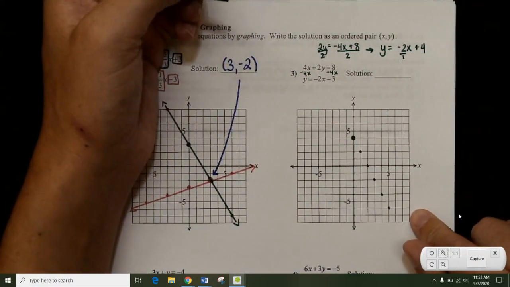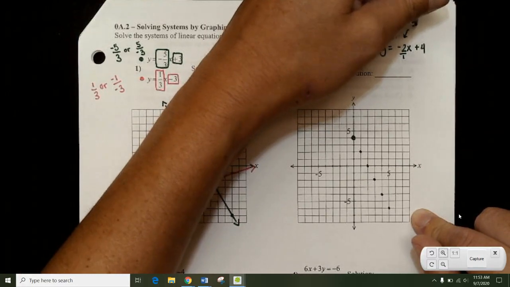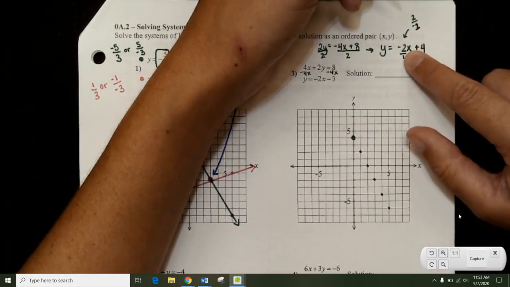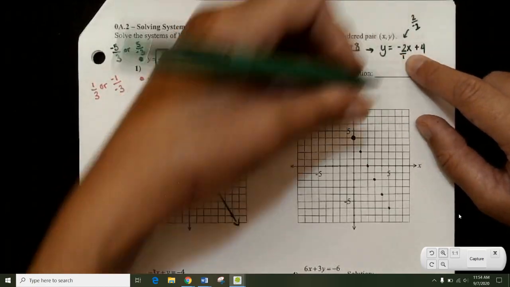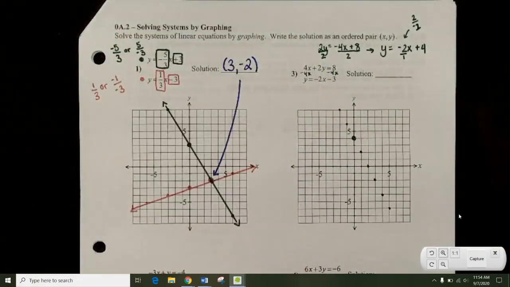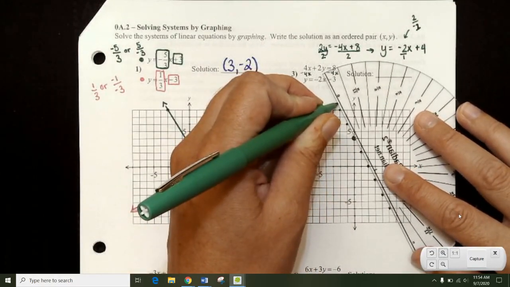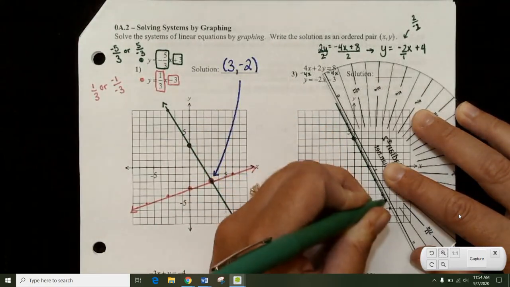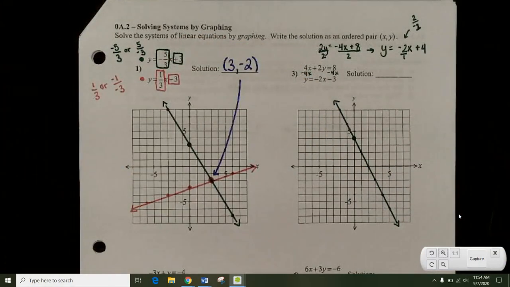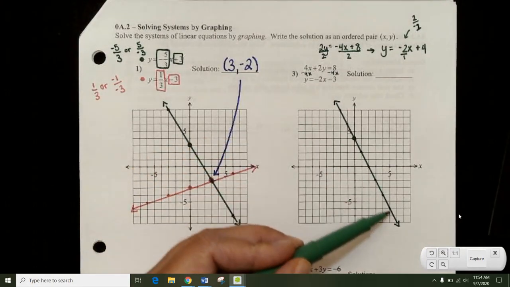If I used it the other way around, so if I had made that positive 2 over negative 1, remember that's the same thing as negative 2 over positive 1, I would go up 2, left 1. To make sure that you're graphing that correctly and you do in fact have a negative slope, when you trace through and you go left to right, your pencil should be going down. So when I trace that left to right, notice my pencil went down.